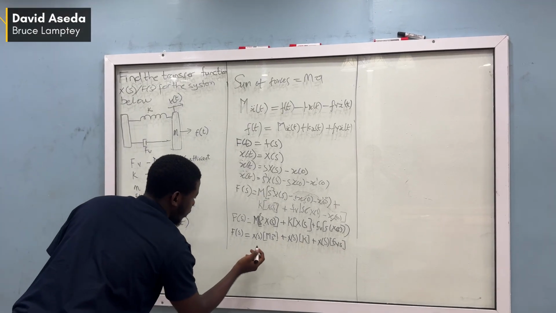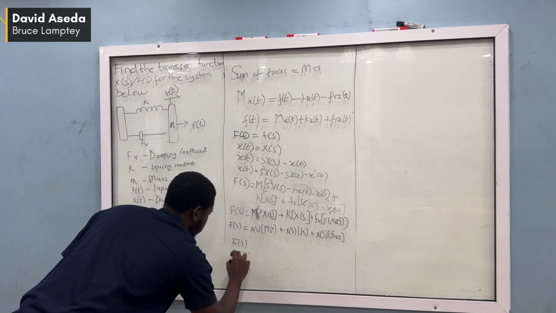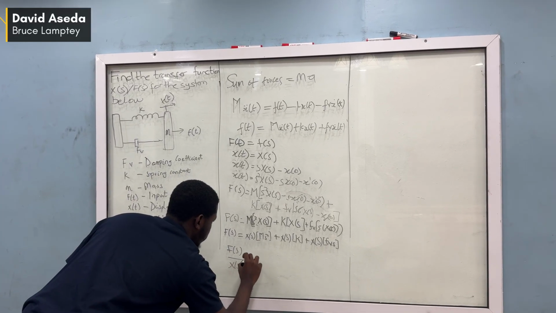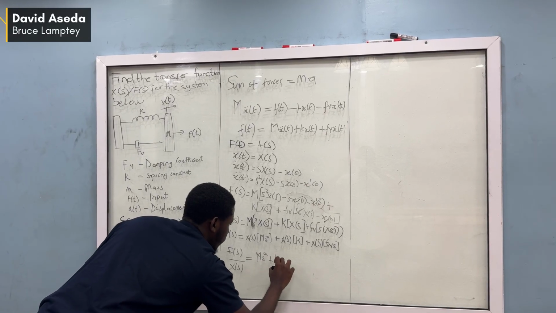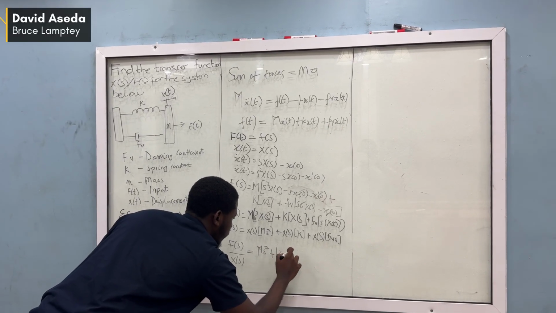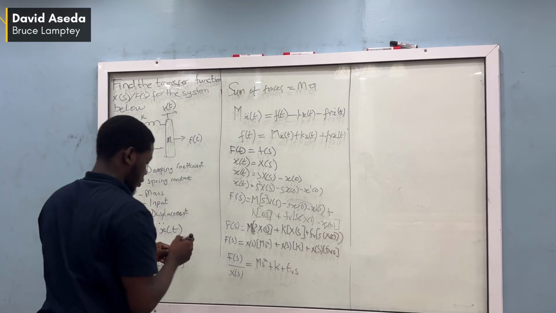Then you divide by X(s), which gives F(s) over X(s) equal to m s squared plus k plus Fv s.